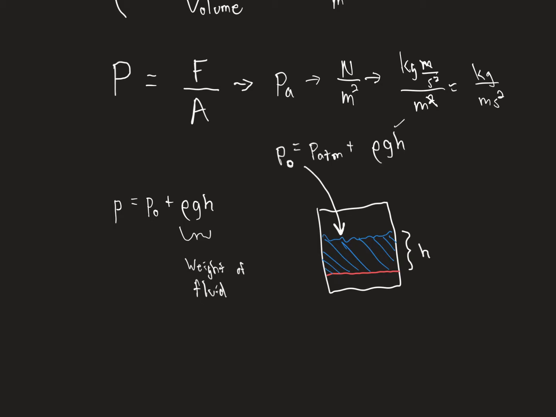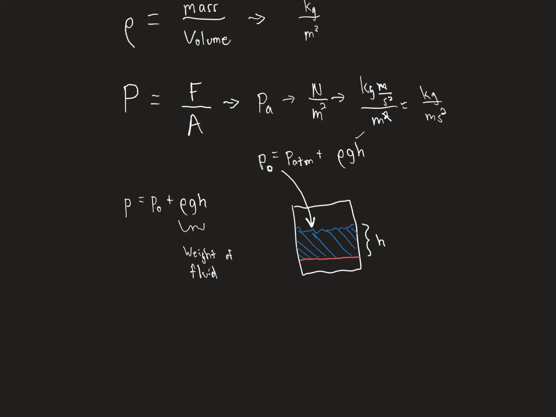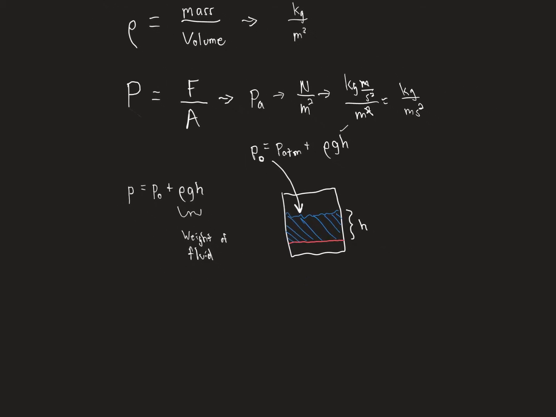Rho times g. Where does that come from? Rho is the density of the fluid, which is what? What's density? So it's mass times gravity over volume.